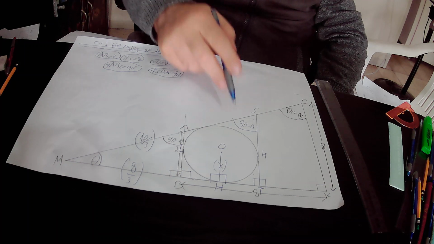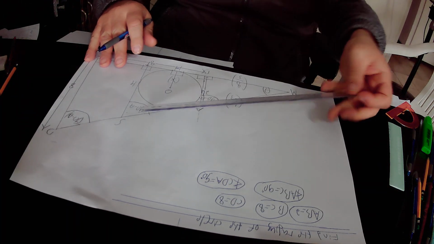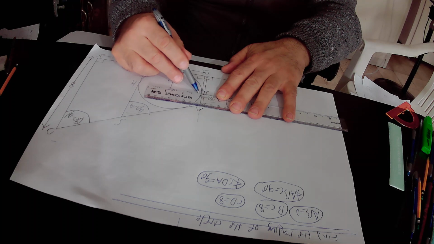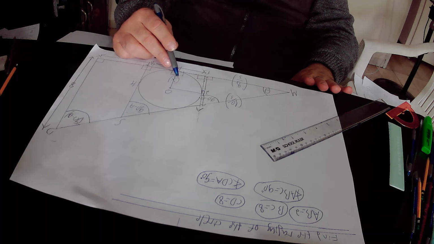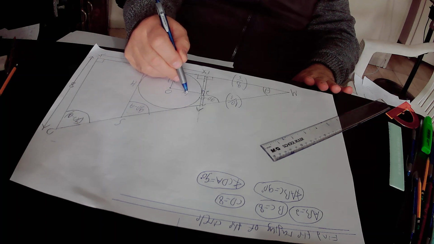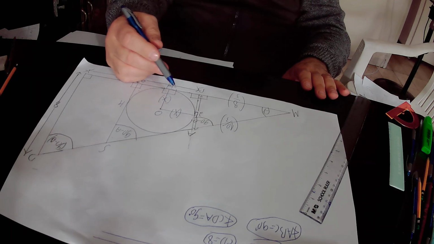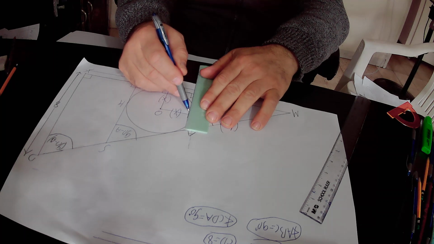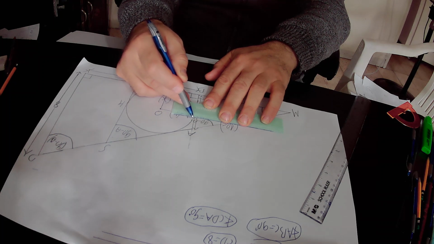Likewise, we join points O and L together by a straight line. Line segment OL is the radius of this circle, that is equal to X, and here again we have the radius OL that is drawn to point L. Therefore, according to rule 1, this angle will be equal to 90 degrees, and this angle will also be equal to 90 degrees.